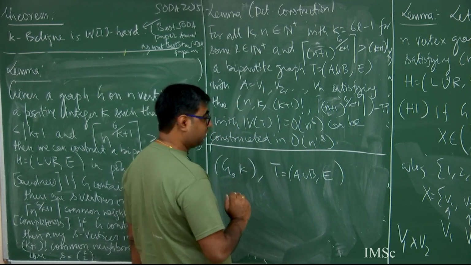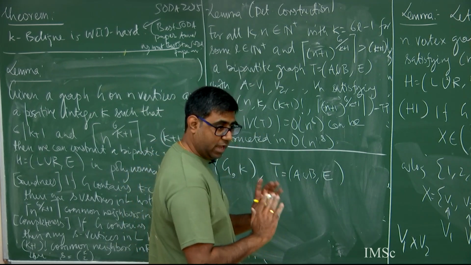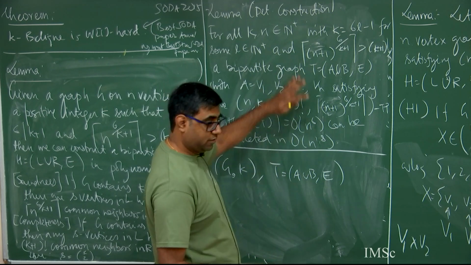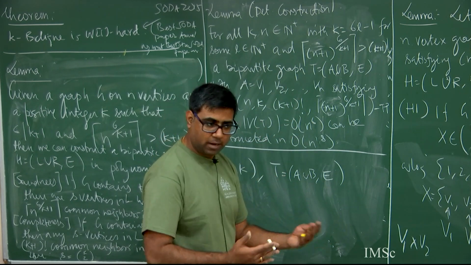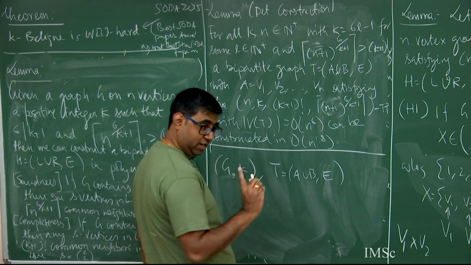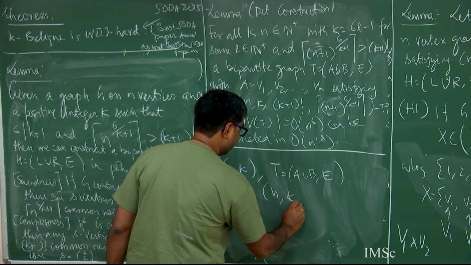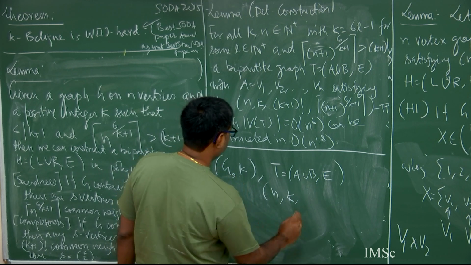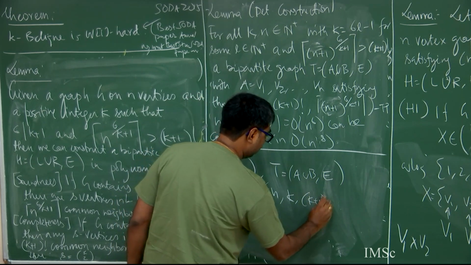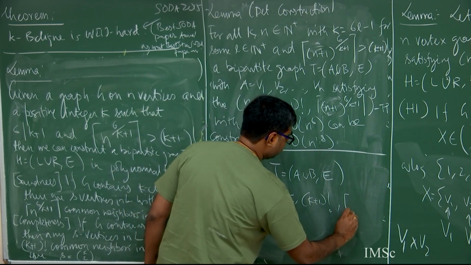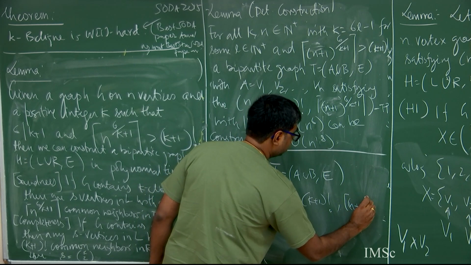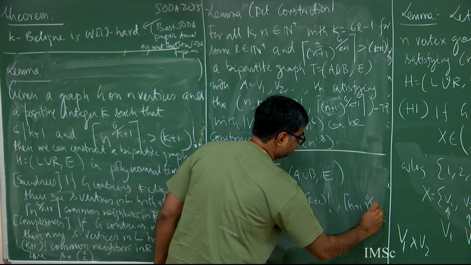And what threshold property does it give me? I am not able to construct this bipartite graph for every k and n, but I will still get our reduction. Don't worry about it. With n, (k plus 1) factorial, and n plus 1, whatever it is plus 1.